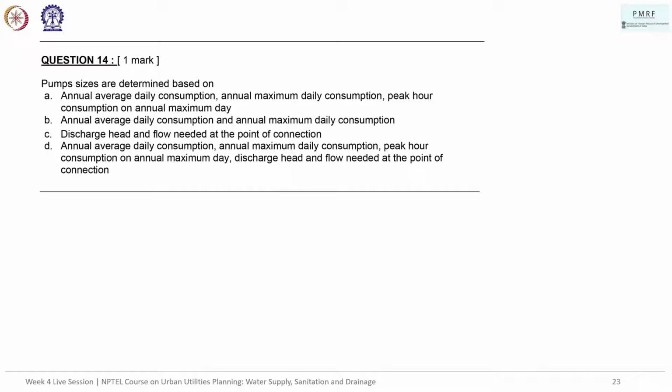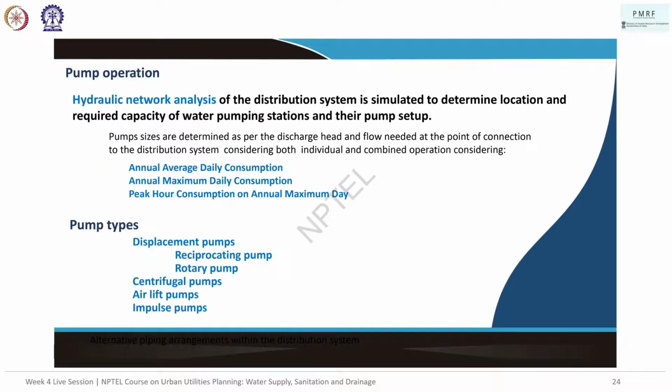Anybody else? So, ma'am, you're actually right in the sense that these are the three things that are given in the slide: annual average daily consumption, annual maximum daily consumption, and peak hour consumption on annual maximum day. However, if you look at the explanation given above, pump sizes are determined as per the discharge head and flow needed at the point of connection.